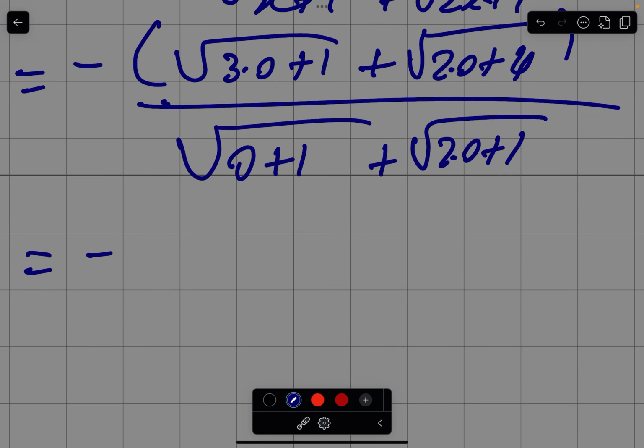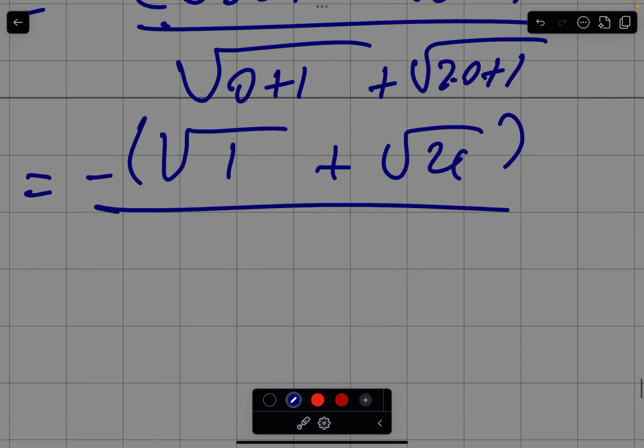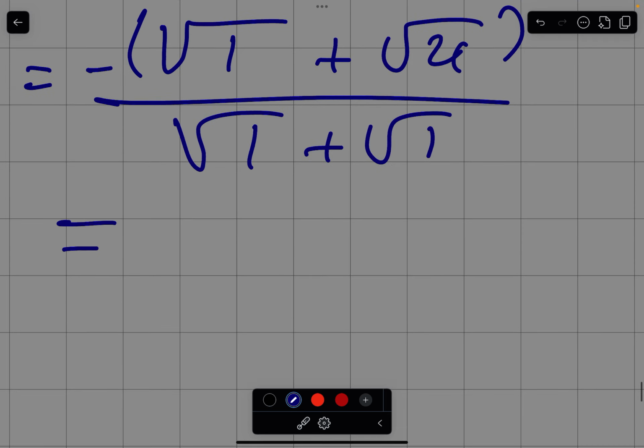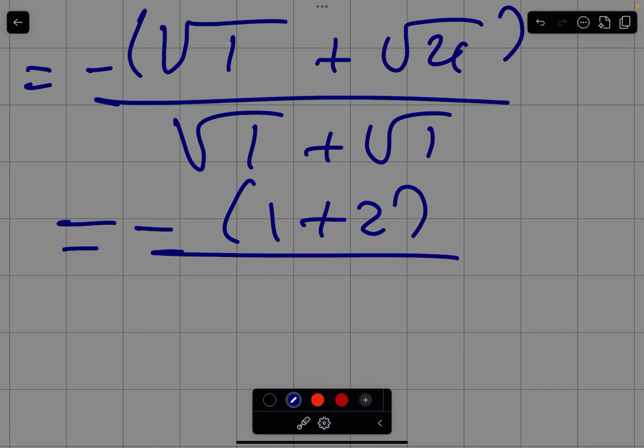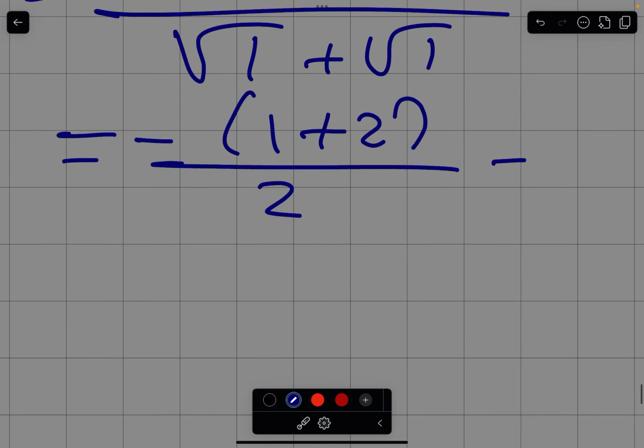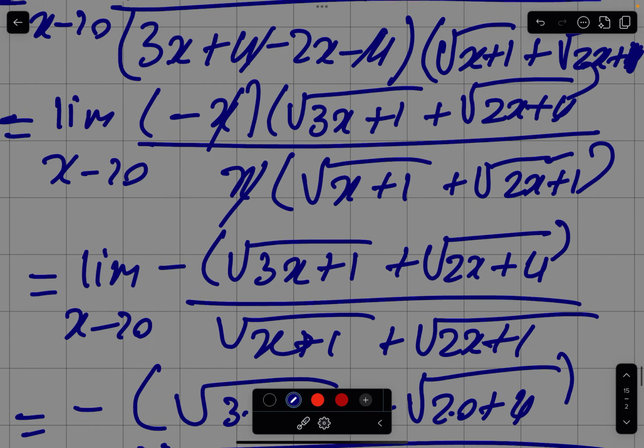Therefore, we are going to have negative into the square root of 1 plus the square root of 4, whole divided by the square root of 1 plus the square root of 1, which equals negative into 1 plus 2 all divided by 2, which equals negative 3 over 2. That's your final answer. Understand?